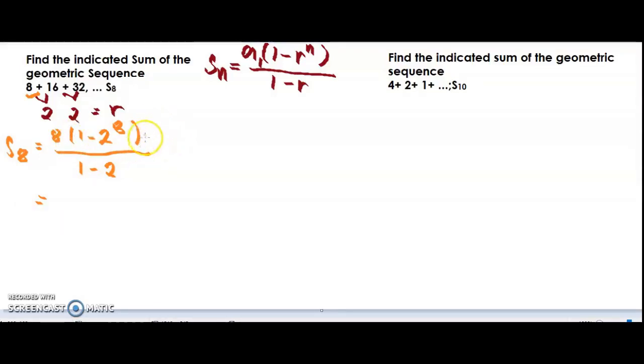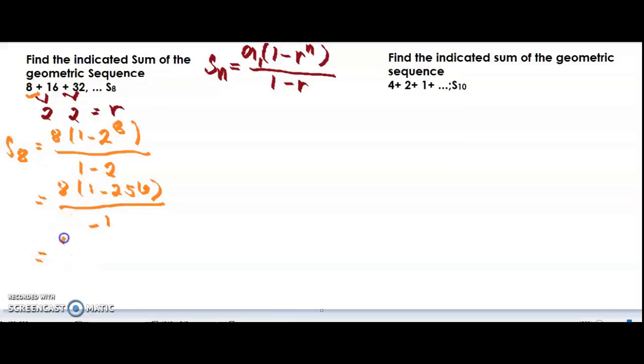So using the PEMDAS rule, we now have 8 multiplied to 2 raised to 8. 2 raised to 8 is equal to 256. So we have 1 minus 256 over negative 1. Negative 1 because 1 minus 2 is 1 and negative 2 is greater than 1, so we follow the sign of negative 2.